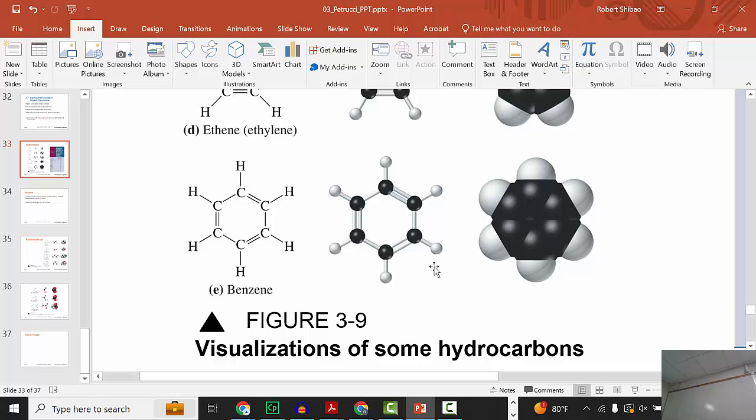So it'd be 1, 3, 5-triene. That would be another name for this because it's cyclo, which means it's a ring of 6 carbons, hex. But that's too much. So instead of calling it cyclohexa-1,3,5-triene, we're going to call it benzene.